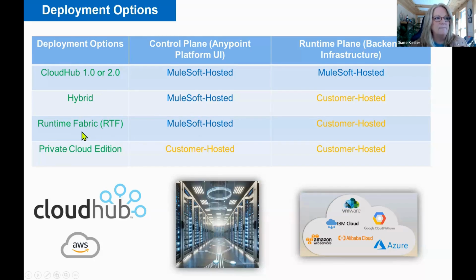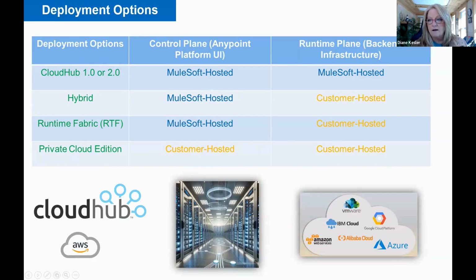Then we also have Runtime Fabric. Runtime Fabric is, again, going to be an option for using the anypoint.mulesoft.com control plane, but at the same time, they'll have their customer hosted portion of setting up their Kubernetes and having their deployments happen there. And then Private Cloud Edition is that other option where they are completely containerizing everything themselves.